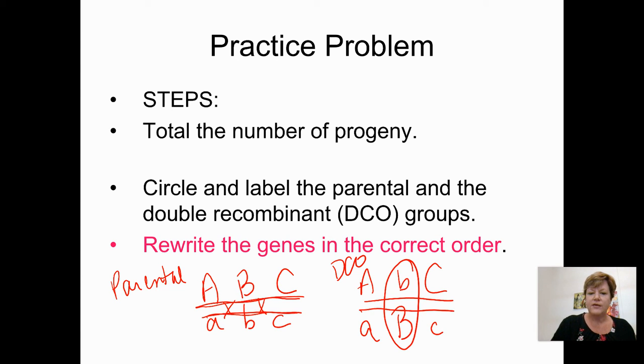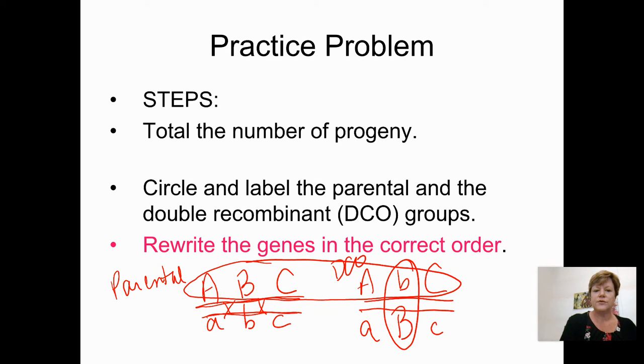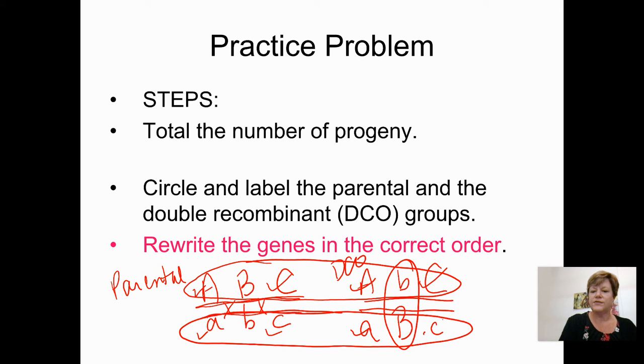So you can look at it that way, or if I look at these 2 chromosomes, the A and the C are the same, but the B is the one that's different. And when I compare these 2, the A and the C are the same, but the B is the one that's different. So there's a couple ways to look at this, and we're going to practice figuring out what gene's in the middle. And so let's look at the actual problem that I've given you here.